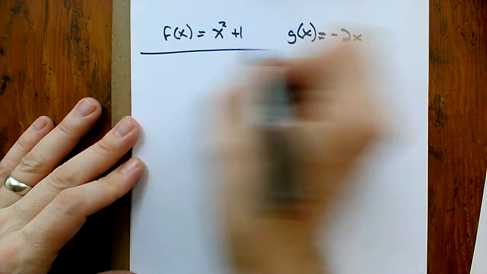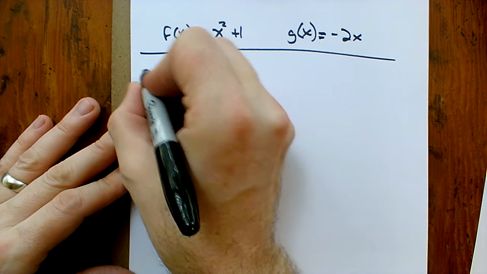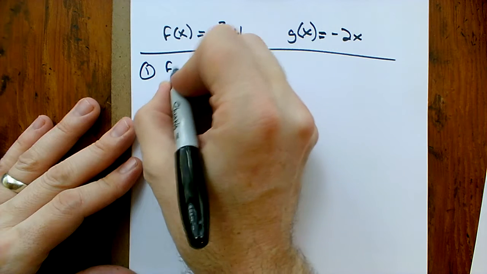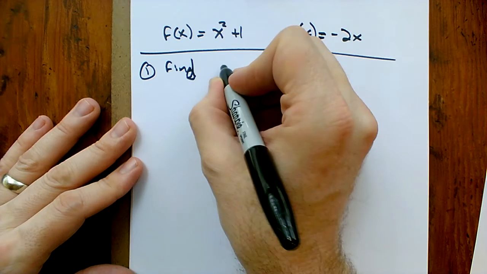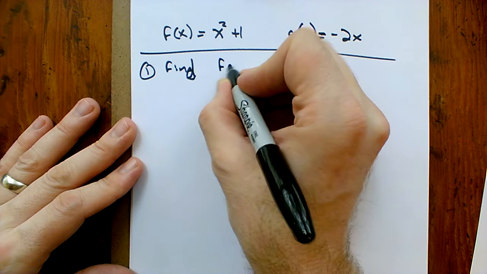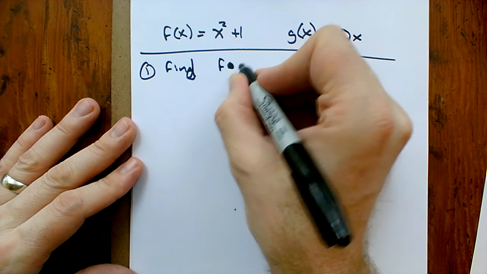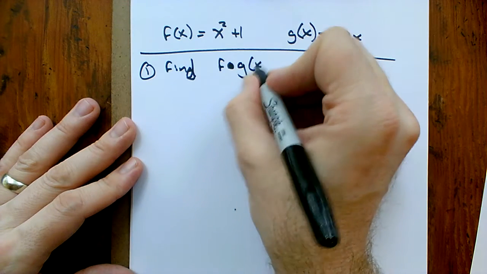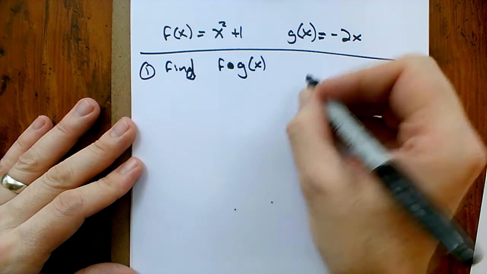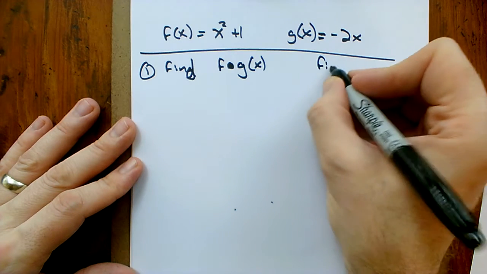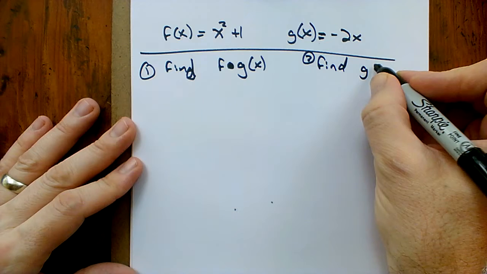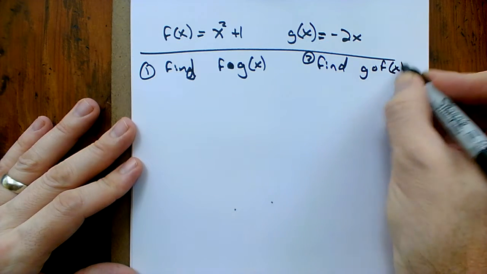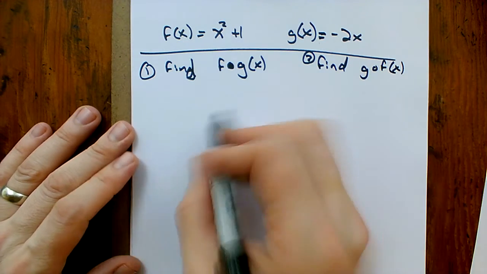So I'm going to do two things here. I'm going to find our f circle g of x. And then secondly, I'm going to find our g of f of x and show you that these two things are going to be different.